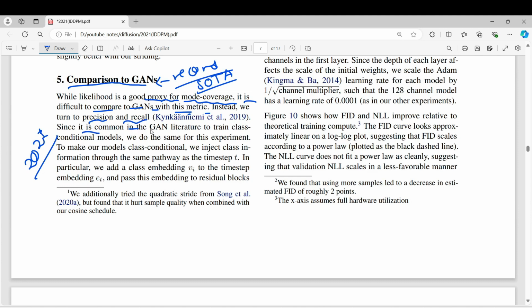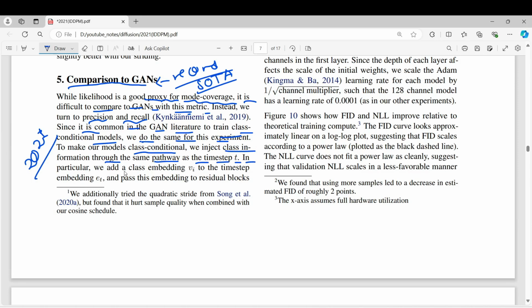Since it is common in GAN literature to train class conditional models, they did the same, and they also use a conditional diffusion model. For the class conditional, they inject the class information through the same pathways as t.